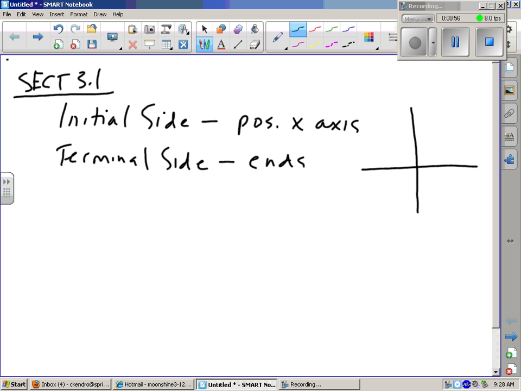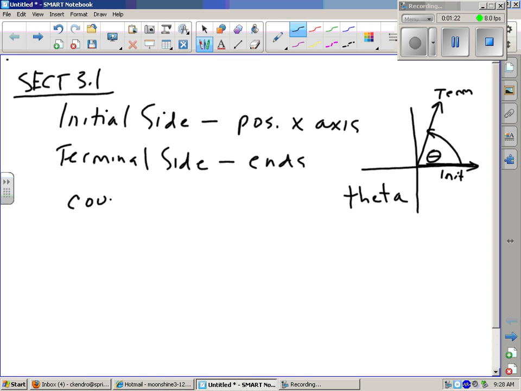So if we have a little xy grid here, the start of the angle is always going to be here, and then the angle will open up, and this would be the terminal side. And this always is the initial side. And then the angle inside we call theta. That's a Greek symbol, a circle with a line through it.